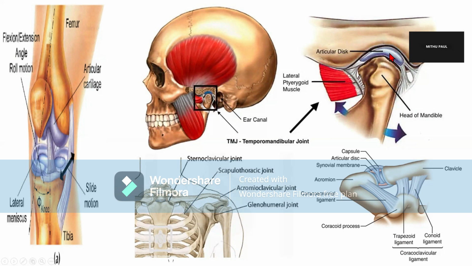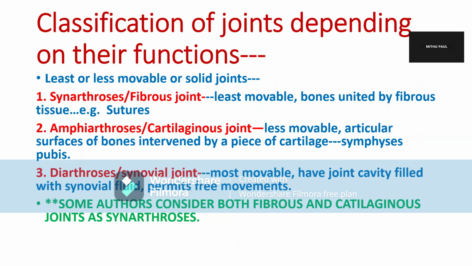And this joint is also divided by an articular disc. Here is the acromioclavicular joint. Here is the sternoclavicular joint. Both have the cavity divided via an articular disc into two halves. So these all are examples of complex joints.